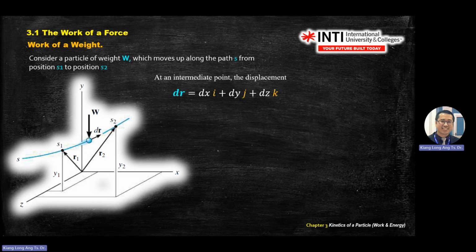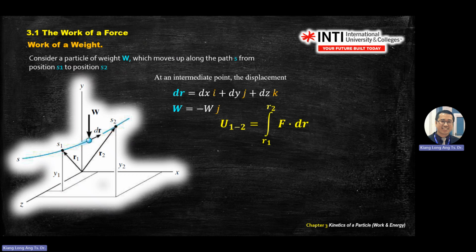So position 1, r1, position 2. So dr is a small change along the path. When you work in 3 dimensions, you can split your r vector into i, j, k. W always points down. So W equals -j because your positive y goes up.